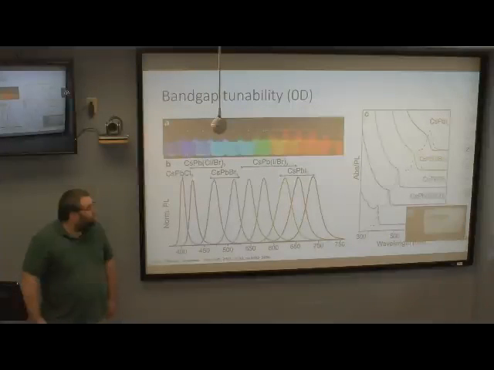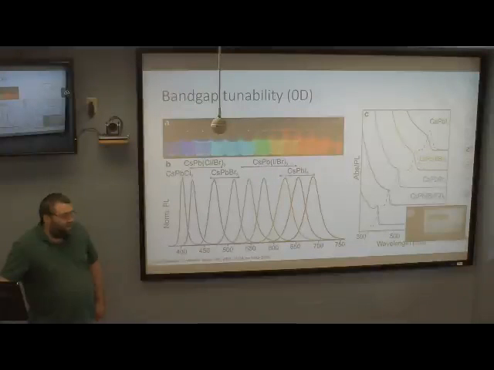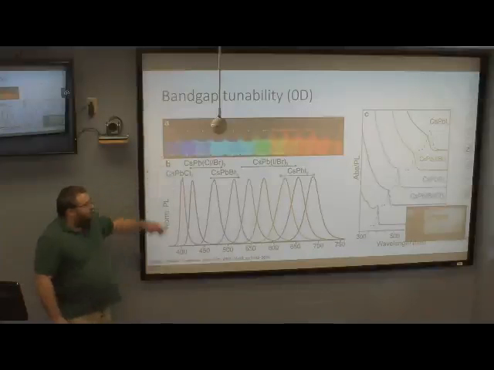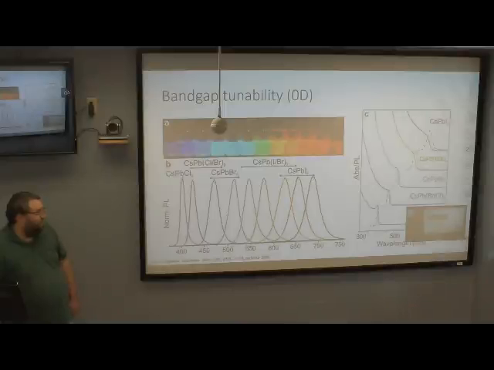So, one of the reasons that perovskites became such an interesting thing to look at was the tunability of the band gap. As you see here, you can make solutions that emit in the entire visible spectrum.